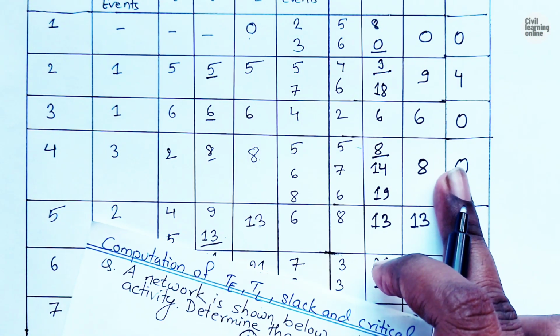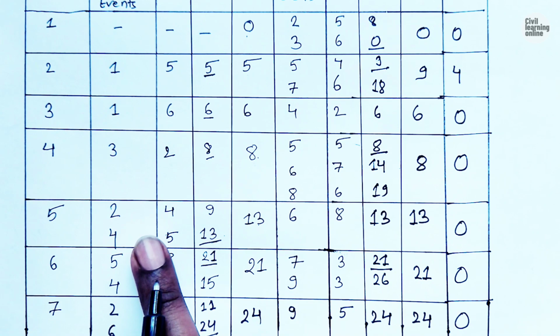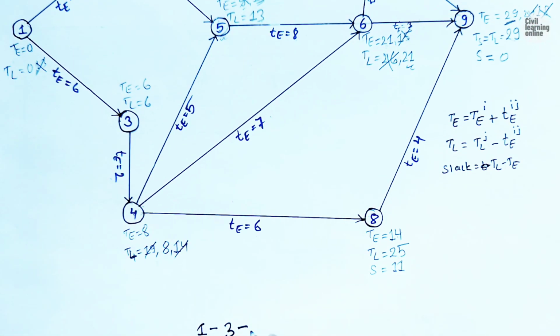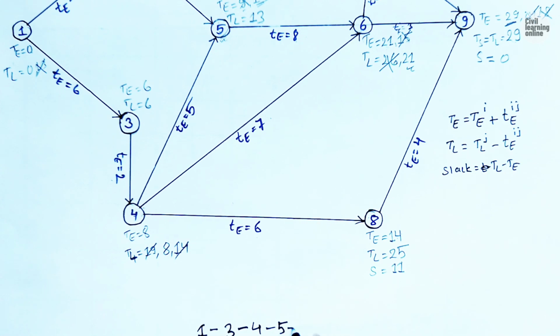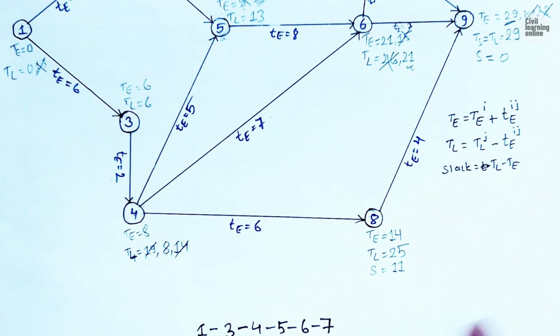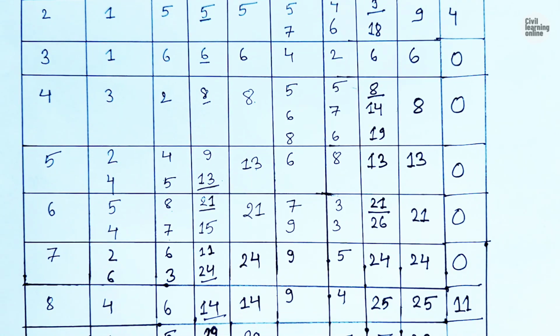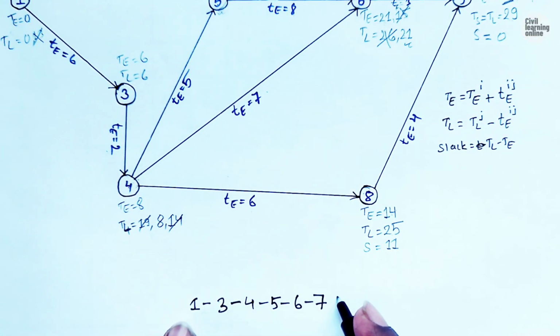Then 4, 5, 6, 7, and then finally we have 9. Here 9 has 0 slack, so 9. This is our critical path.